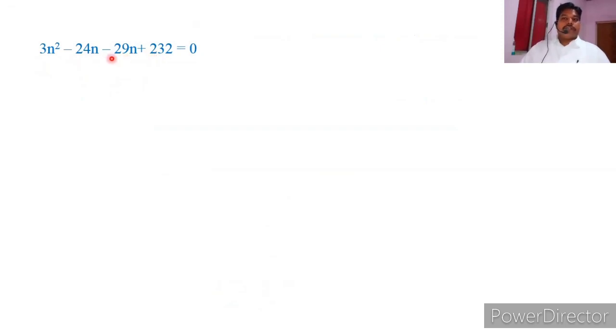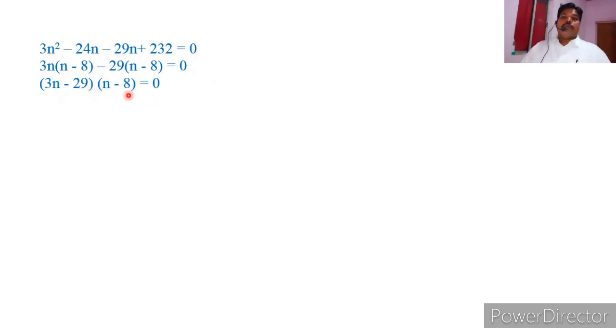After this, take 3n common from the first two terms and it becomes n minus 8, and take minus 29 out from the remaining two terms, it becomes n minus 8, equal to 0. Here n minus 8 is the common term. If you take n minus 8 common, it becomes 3n minus 29 into n minus 8 equal to 0.